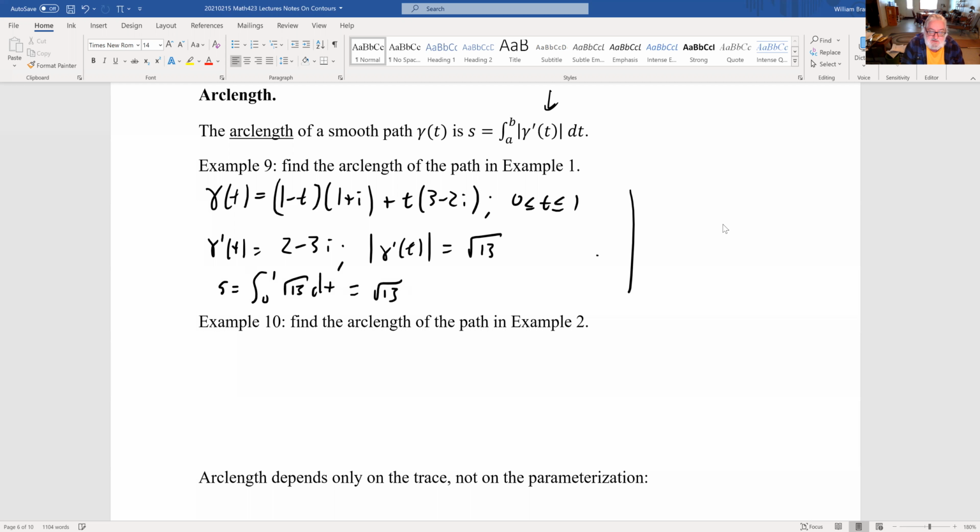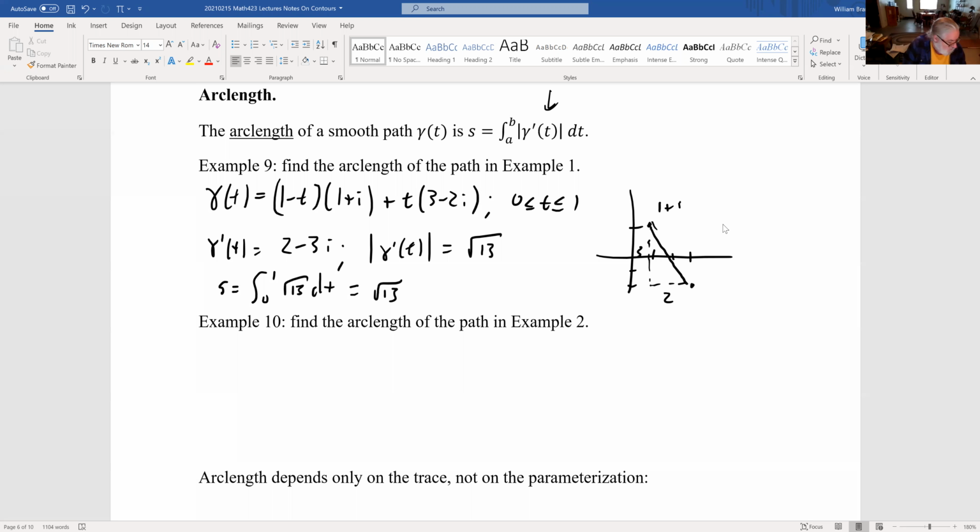Not a big surprise, because our path starts at 1 plus i and goes to 3 minus 2i. So this side is 2 and this side should be 3, so this has to be square root of 13, so that's good.